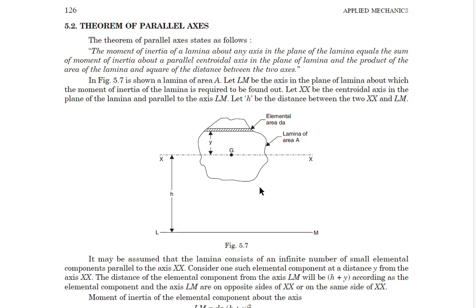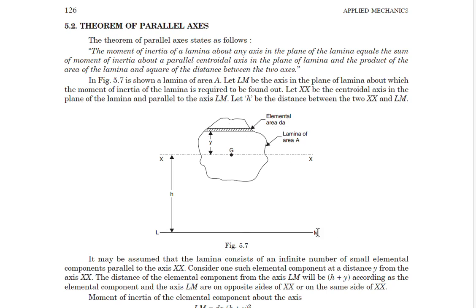But if you want to find out the moment of inertia of this figure about another axis which is parallel to the axis which is passing through the CG. For example, the axis which is passing through the CG is the x-axis in this case, and you are interested to find out the moment of inertia of this figure about LM instead.